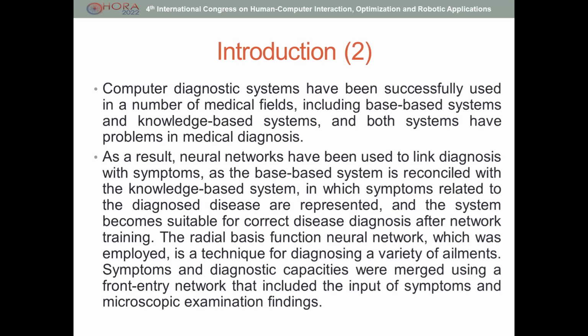We have successfully used computer science in a number of medical fields, including rule-based systems and knowledge-based systems, and both systems have problems in medical diagnostics. As a result, neural network is the best method to detect and predict new cases for many diseases.